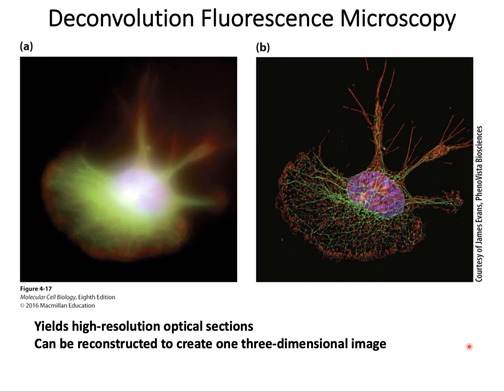Finally, all these individual sharp images from each plane are merged together computationally using what is known as the deconvolution algorithm to get the crisp in-focus image like this one on the right, where you can clearly see the cytoskeletal components and the nucleus with great clarity.